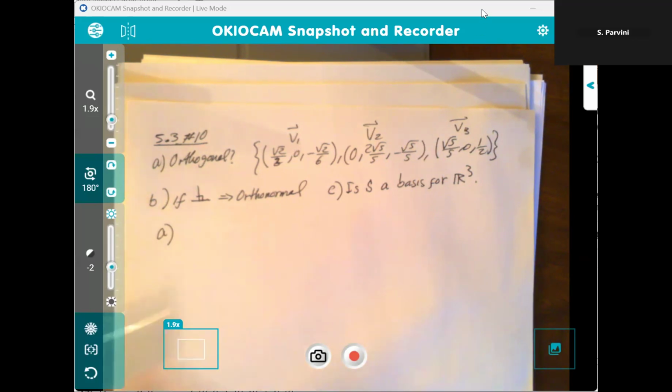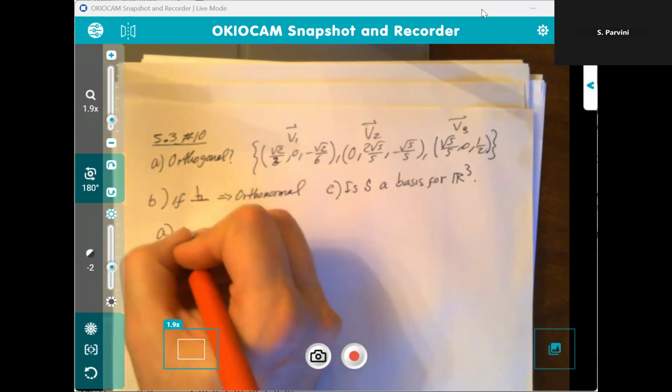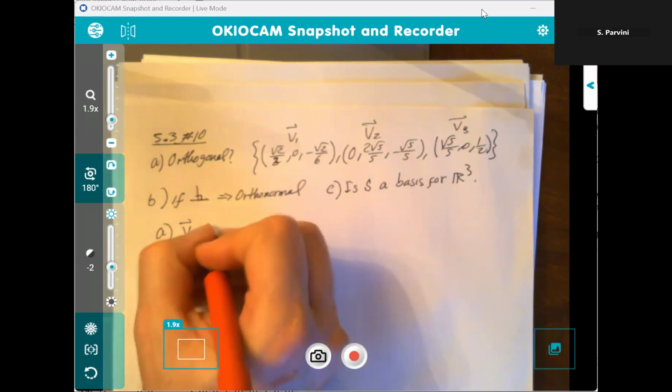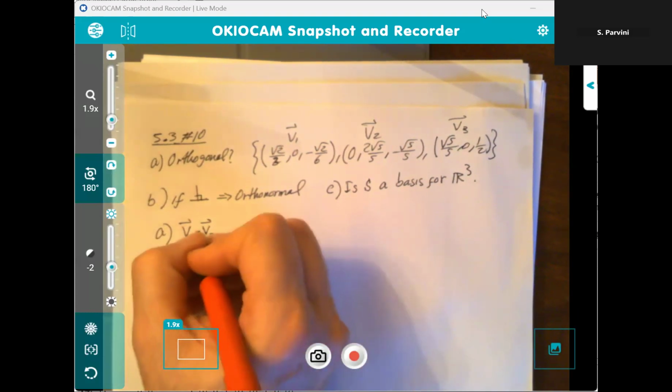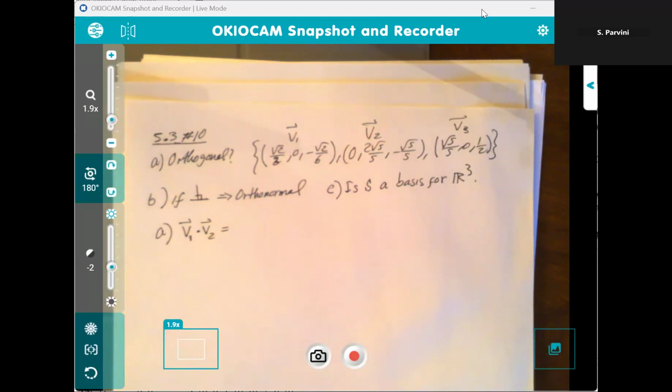The dot product has to be 0. So let's do the dot product. Because if the dot product is 0, then the numerator of the formula for cosine theta is 0, right? And the only time cosine theta is 0 between 0 and pi is when theta is pi over 2. Theta is the angle between the 2 vectors. Pi over 2 means 90 degrees.